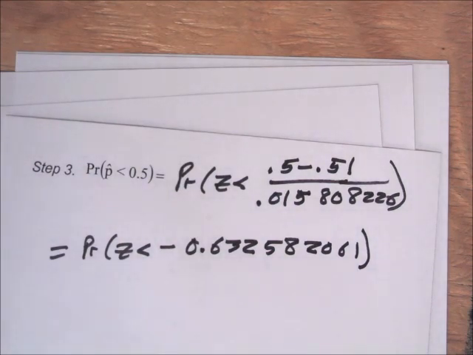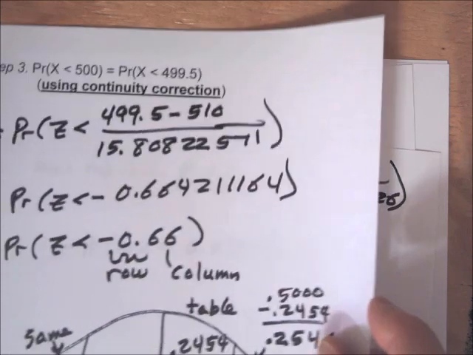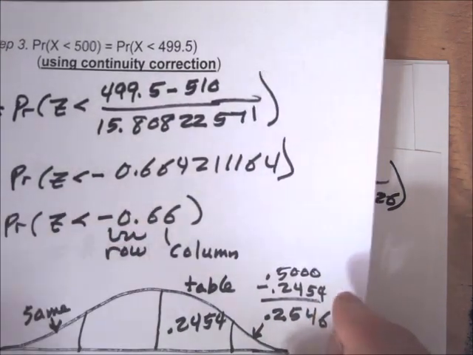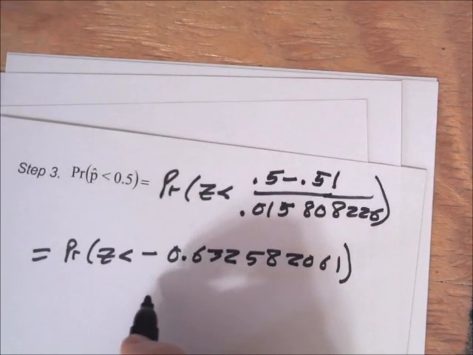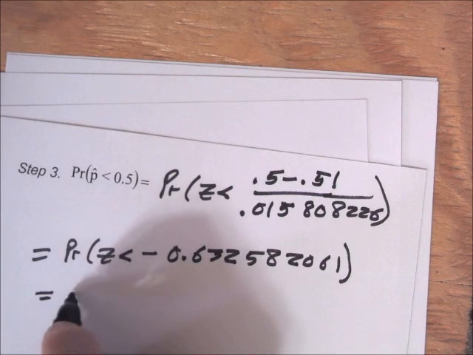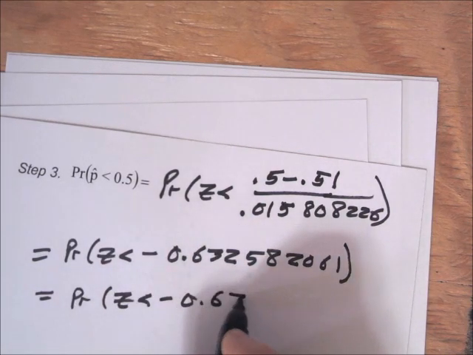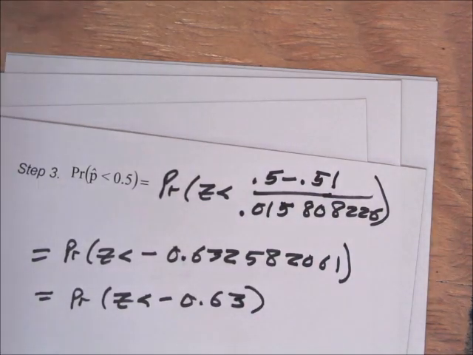Okay, so this is a little bit different than our z-score that we had before when we used continuity correction. If we had used continuity correction, we'd have a z less than negative 0.66, but now we have a z less than negative 0.63. So it's a little bit off, but again, usually continuity correction is not used with the sample proportion.